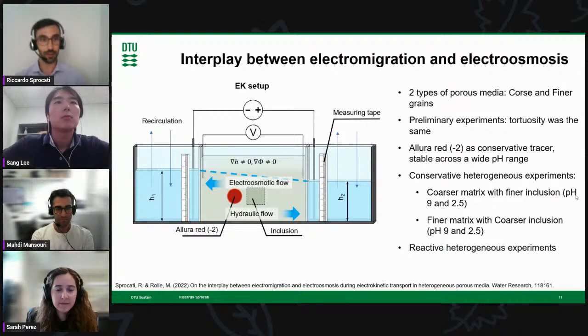The experiment was to investigate the transport of Lucifer Red, a charged tracer with charge -2, and its interactions with the inclusion that you see in the middle, as a response to the electric field.